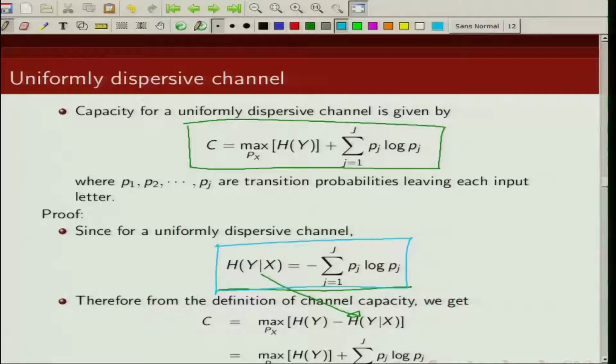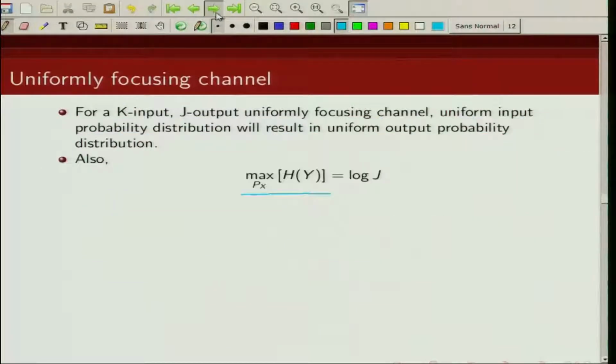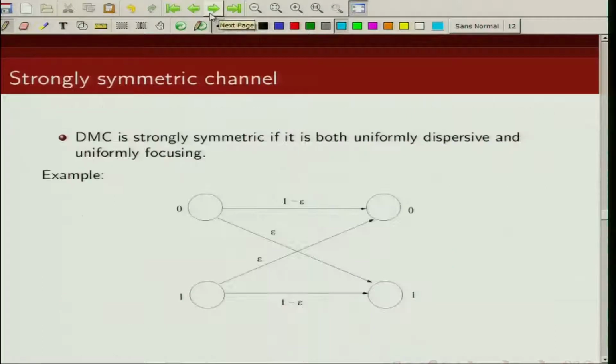Then we have the exact expression for this capacity, and that is what we are showing. A channel which is both uniformly dispersive and uniformly focusing is known as a strongly symmetric channel. So, a discrete memoryless channel which is both uniformly dispersive and uniformly focusing is known as a strongly symmetric channel.